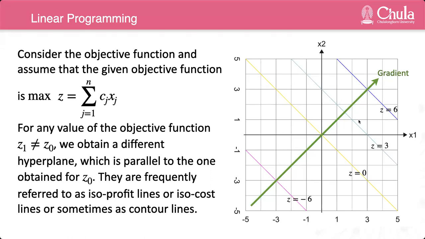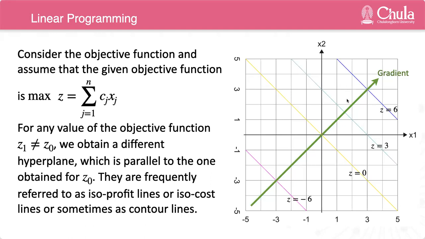Any point on this line has equal objective function. Okay. Also, if we move further, we have a set of coordinates that have the same value of the objective function.